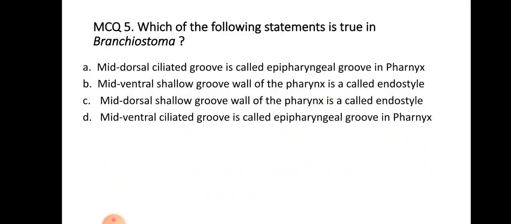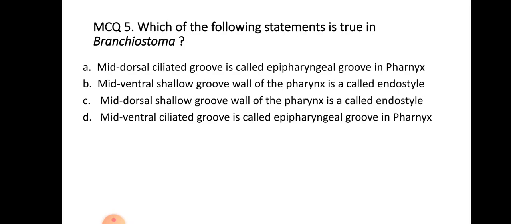We said epipharyngeal, epi means the upper one, which lies towards the dorsal edge of the pharynx. Then endostyle, we described it as a hypopharyngeal groove, so you should know the position of it.